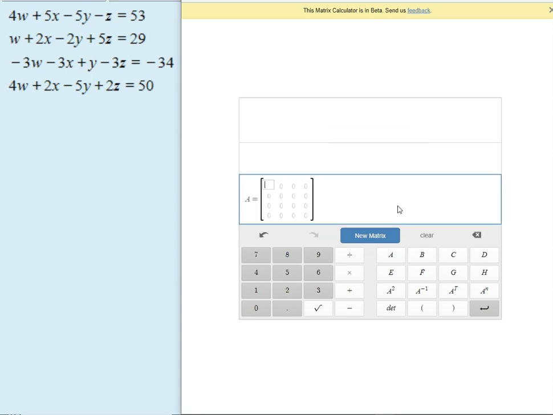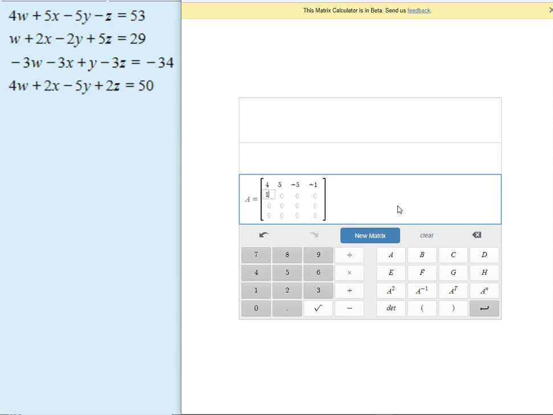All right, so we're going to create a 4x4 matrix for the coefficient matrix. Matrix A, we'll call it. What are my coefficients going to be here? So I got 4, 5, -5, -1 for the first row.